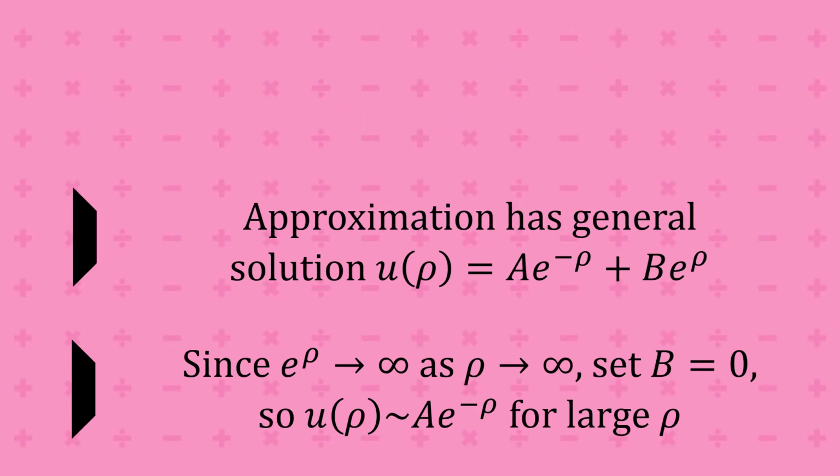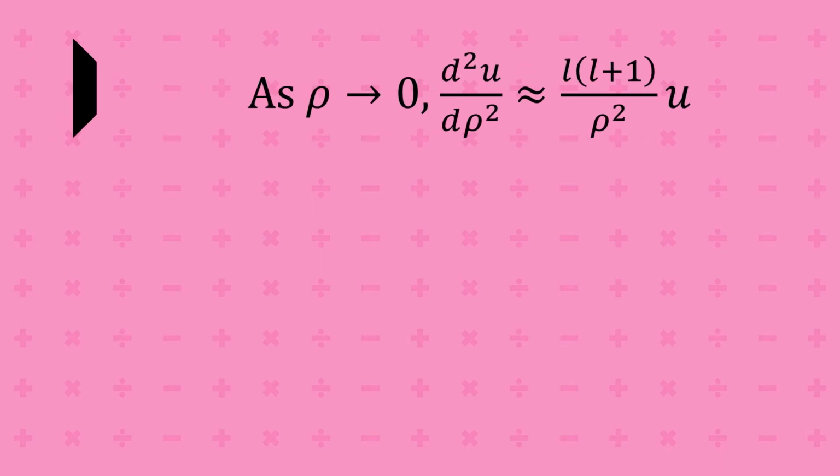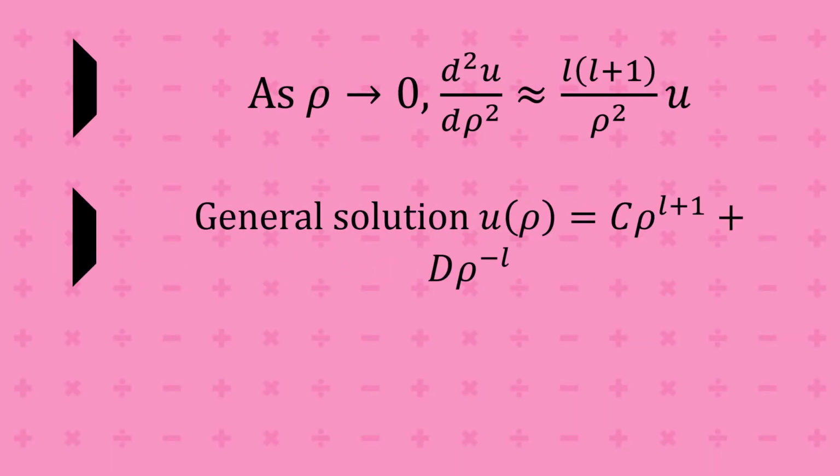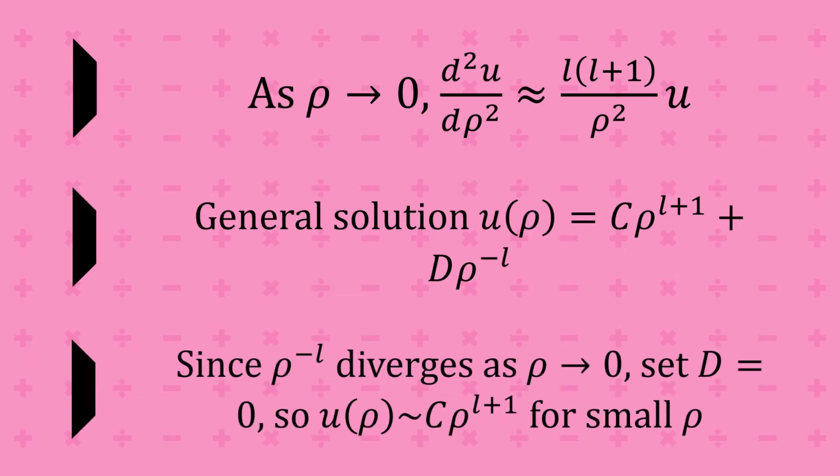As ρ tends to infinity, we have that the second derivative of u with respect to ρ is approximately u. This approximation has general solution given by this expression here, but since e to the ρ tends to infinity as ρ tends to infinity, we must set b equals 0, so we have that u of ρ is approximately A e to the minus ρ for large ρ.